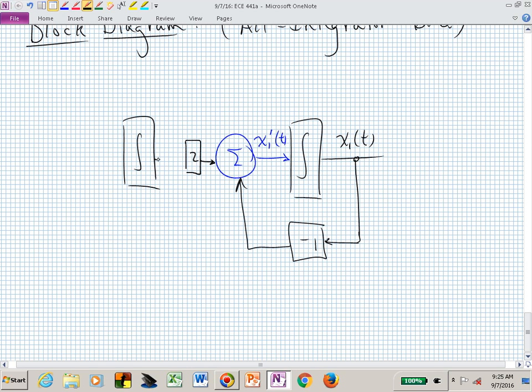So there I need that 2 to be multiplying x2, because here is x2 prime. I needed 2 integrators because I had an x1 prime and an x2 prime. And so far, I've actually described or interconnected enough of this to create x1 prime in terms of x1 and x2. What was x2 prime?